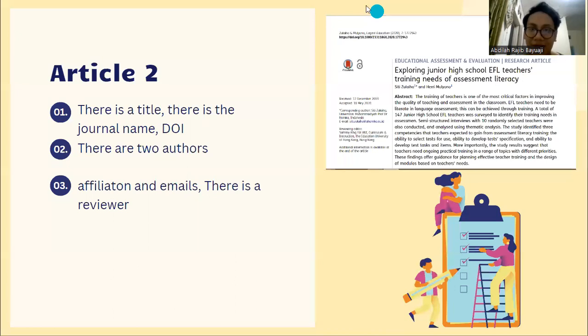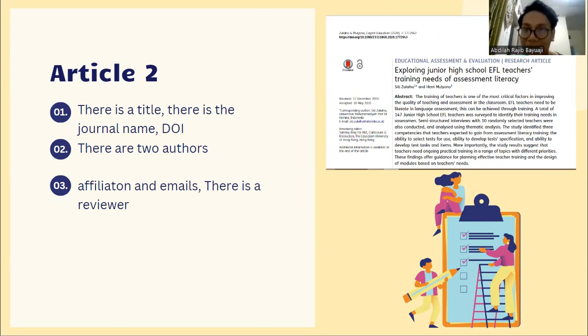The second article is about exploring junior high school EFL teachers' training needs of assessment literacy. Now, why do I say this is more trustworthy? Because as you can see from the points that I've written down here, this first page has the title. Of course, there is the title. There is also the journal name.